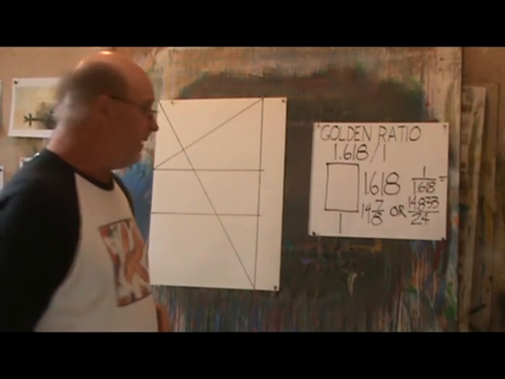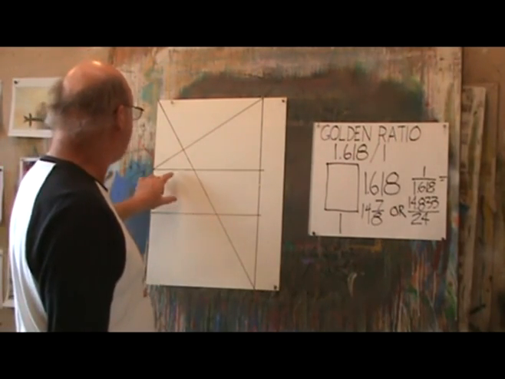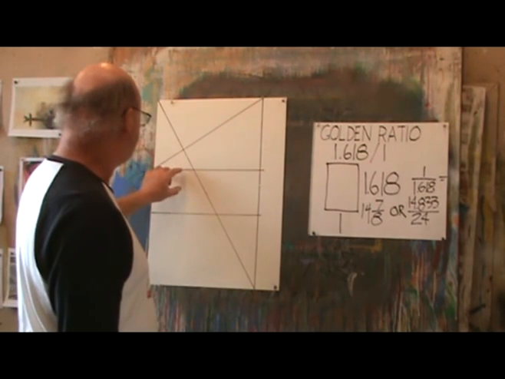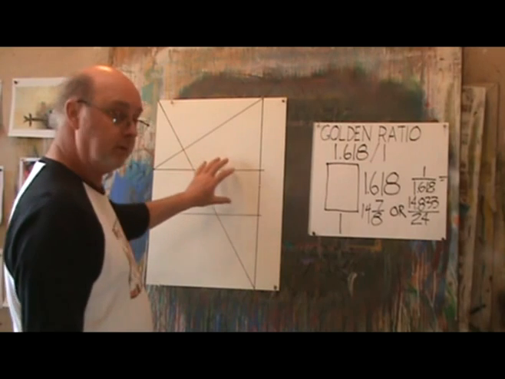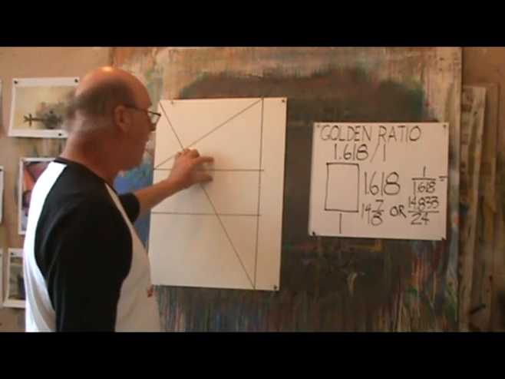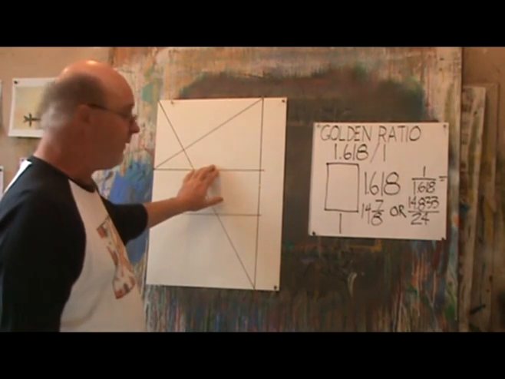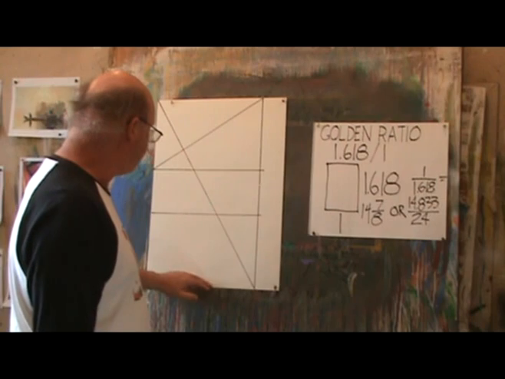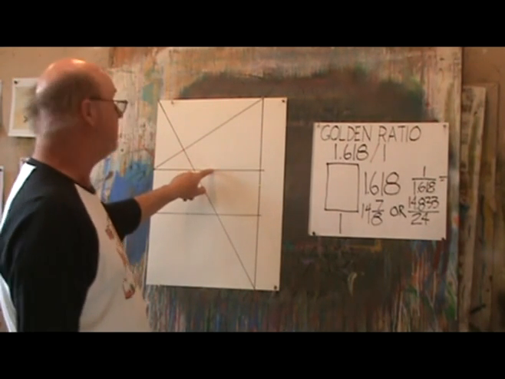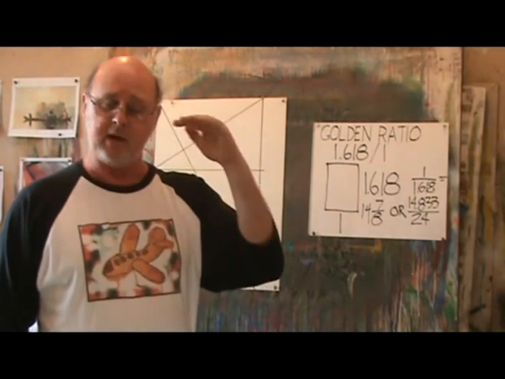So the significance of a square in painting is that if you have a square here, and you put some feature from the composition along or relative to this line, it will take on some special significance because of the fact that there's a square configuration in its placement. Your eye can pick up the fact that it's placed on a square.